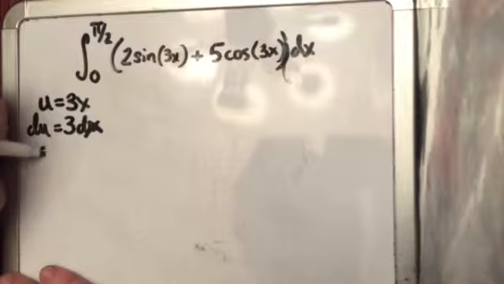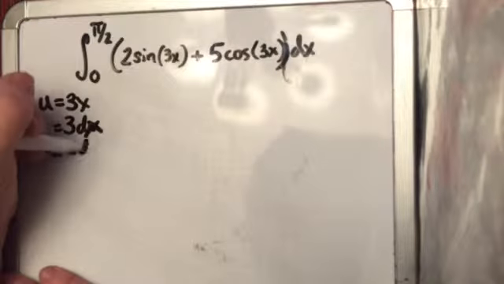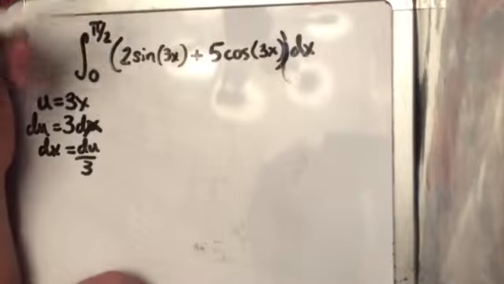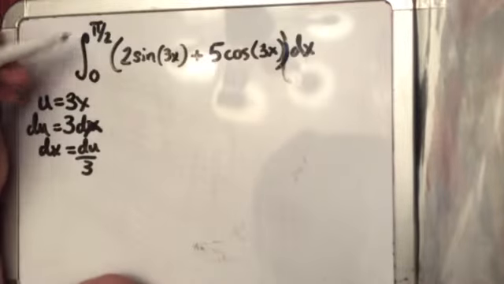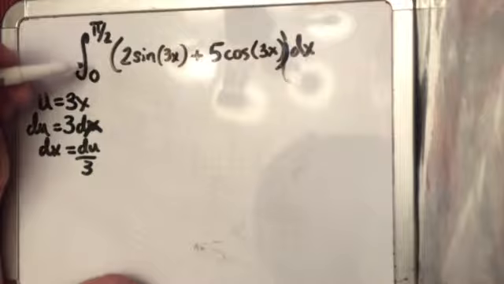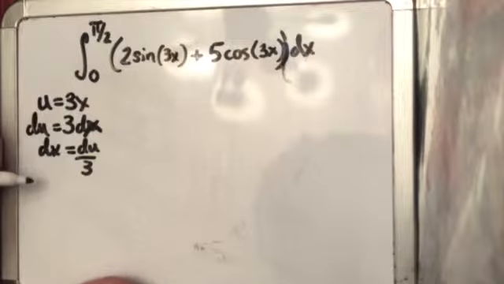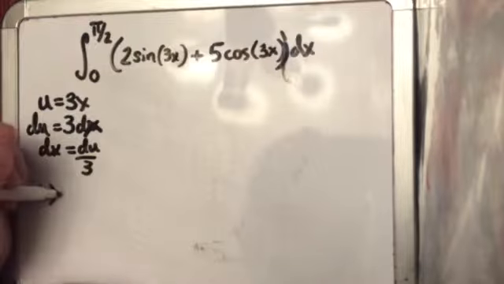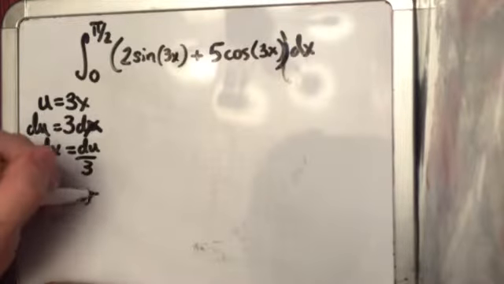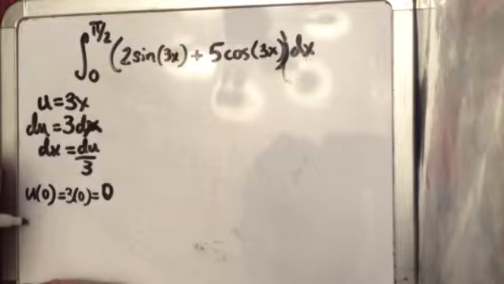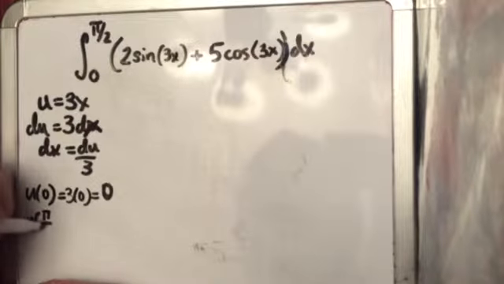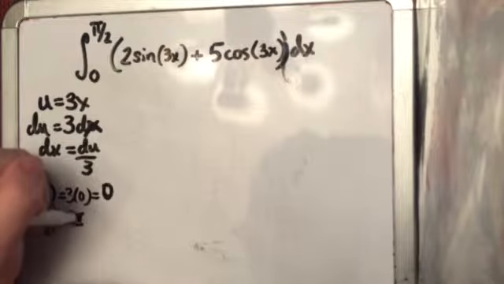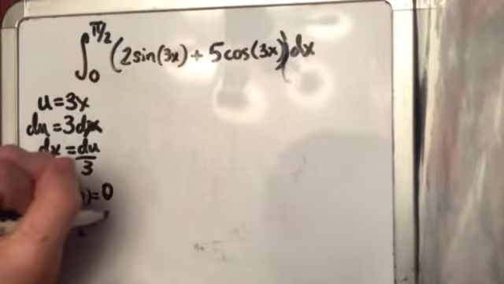And in turn, dx equals du over 3. We also have to rewrite the limits. So u of 0 is just 3 times 0, so that's still 0. And then u of pi over 2 is 3 times pi over 2, which is just 3 pi over 2.